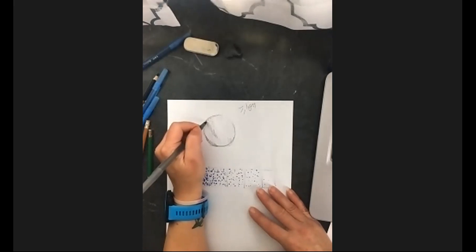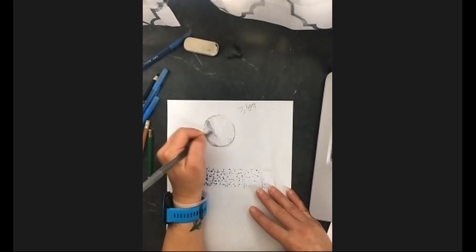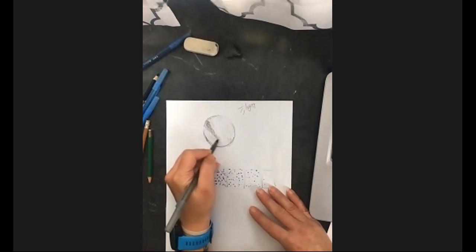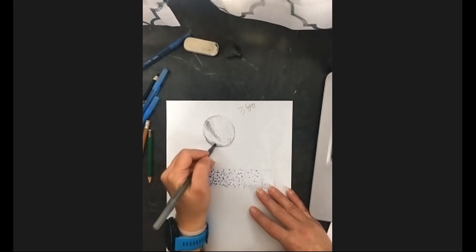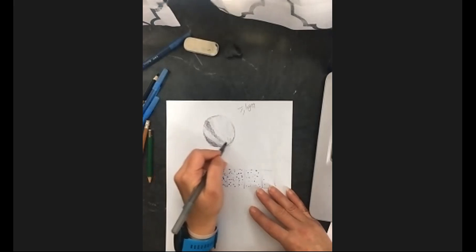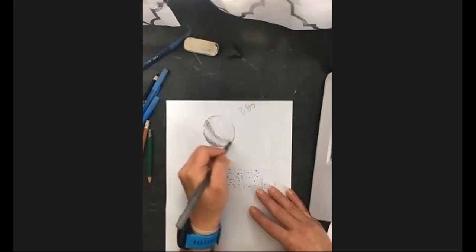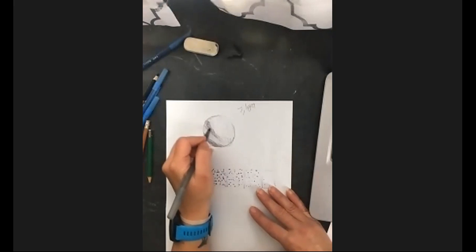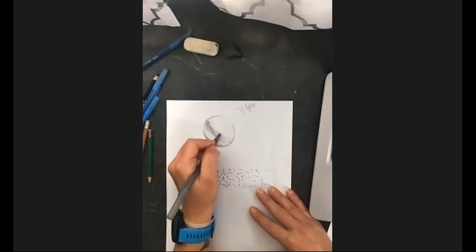And then what I'm going to start doing now is I'm going to start crossing where some of the darker values are going to be. I'm going to show you two different ways to do this.